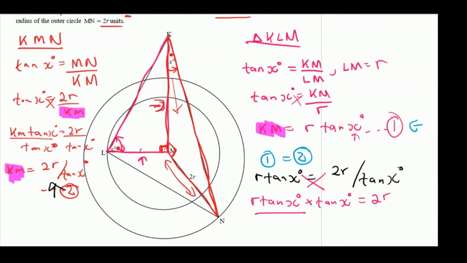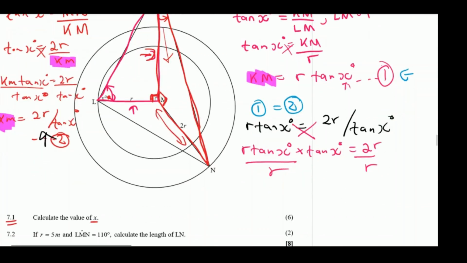Then we divide by r on both sides, so this r goes away and this r goes away. We have tan squared x degrees equals 2. Then you put the square root on both sides. Tan of x degrees equals root of 2.